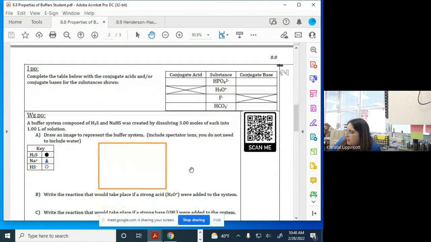So here we have a table with conjugate acid and conjugate base. They're asking us to identify these. If we had this substance here, the acid form of that would be H2PO4 with a -1 charge. The conjugate base of this would be PO4 with a -3 charge.